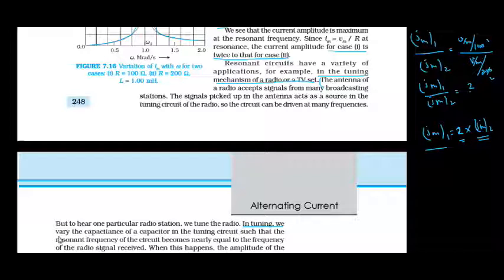In tuning, we vary the capacitance of the capacitor in the tuning circuit such that the resonant frequency of the circuit becomes nearly equal to the frequency of the radio signal received.